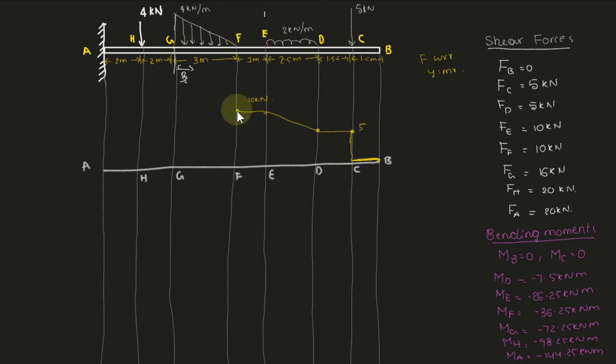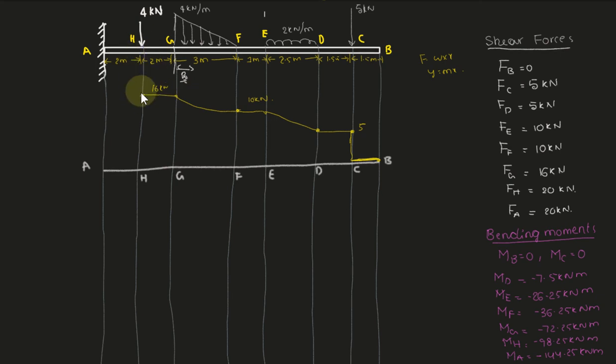And again at G, 16 kilonewton, and here that shear force diagram relationship is parabolic, if you remember. So you have to join with a parabolic curve, and there is no load in between G and H, so that 16 kilonewton will be continued up to there.